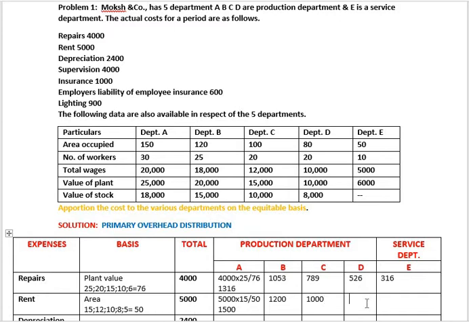And for department D, 5,000 into 8 divided by 50, you will get 800, and for department E you will get 500. So 5,000 into 5 by 50, you will get 500. So this is how we need to apportion the expenses to production department and service department.